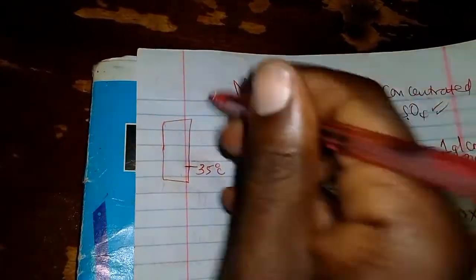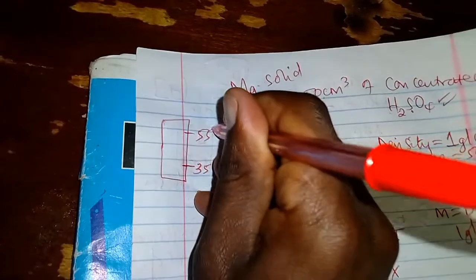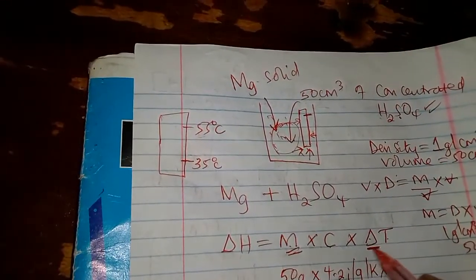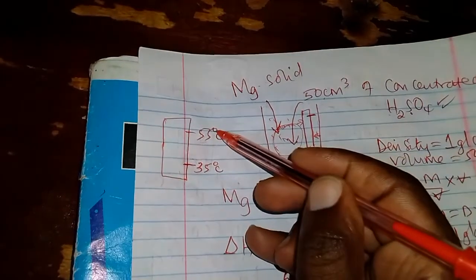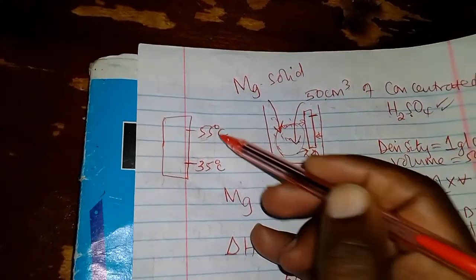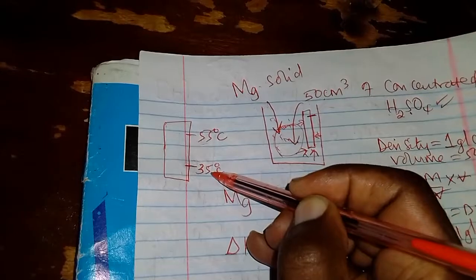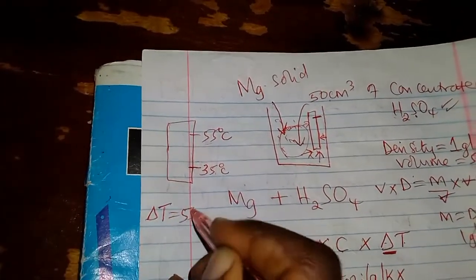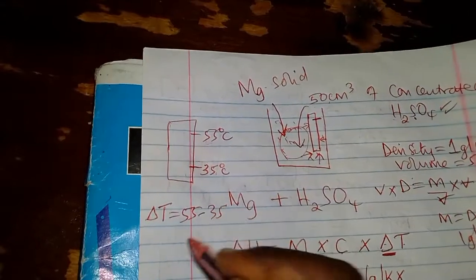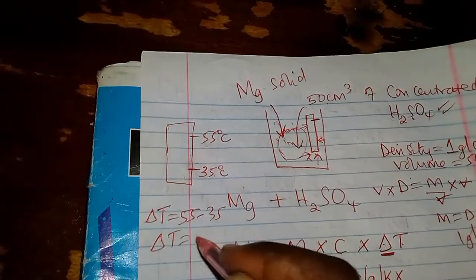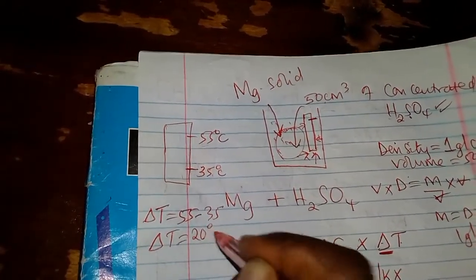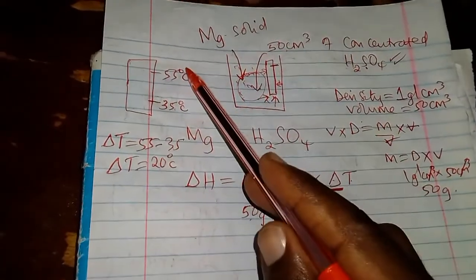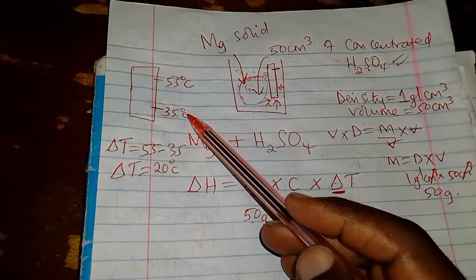So from 35 to 55, the change in temperature, delta T, is the final temperature reading on the thermometer minus the initial temperature reading. So delta T is equal to 55 minus 35, so the change in temperature is 20 degrees Celsius. Good.